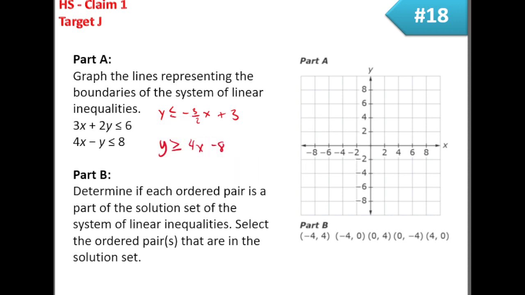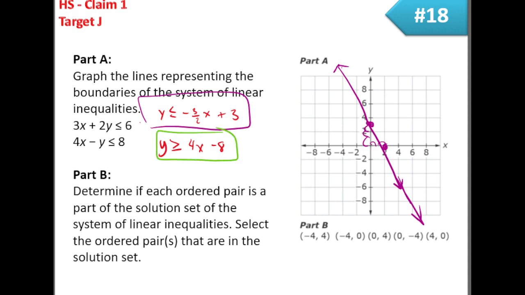So let's graph it again. The first one I'm going to use purple. So positive 3, go down 3, 1, 2. So it's going to be going down. Down over here. Again, they both are solid lines.